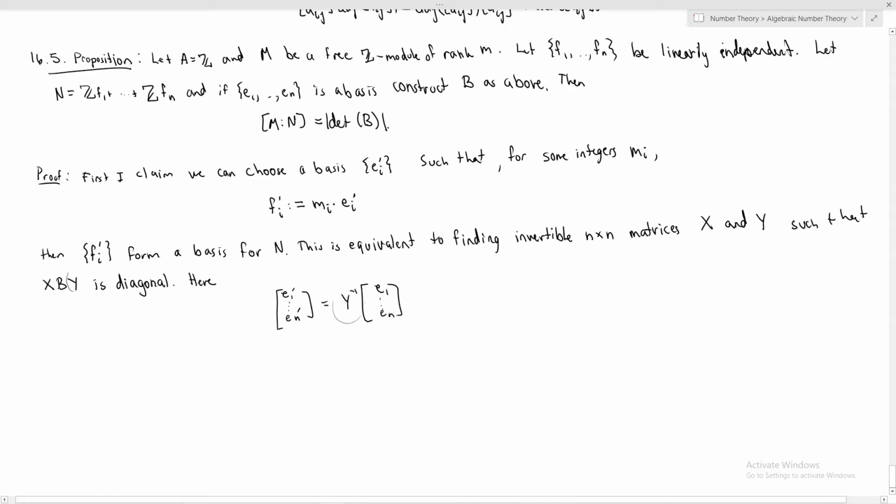So essentially, Y is a change of basis matrix on M, which takes my ei primes to my ei. Then B takes my ei to my fi, and X takes my fi to my fi primes.